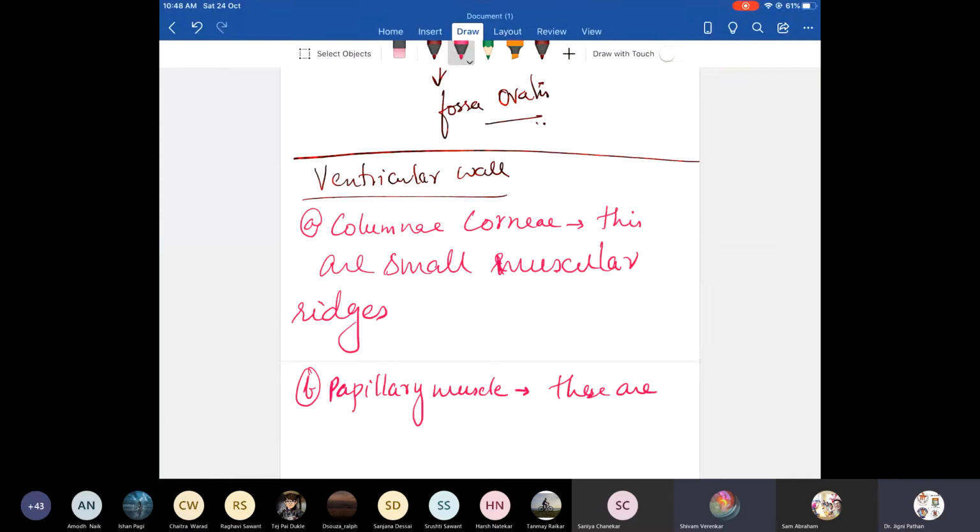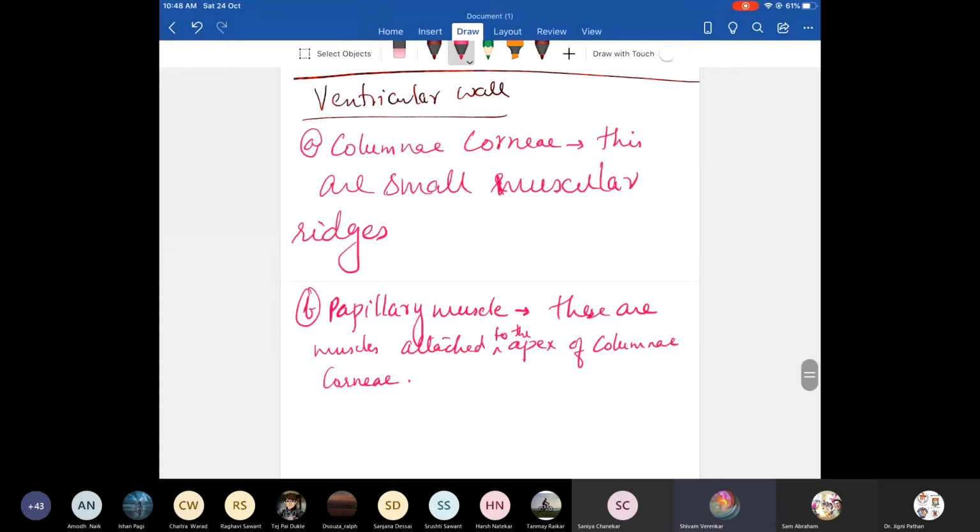Now write them. Papillary muscles. These are muscles attached to the apex of columnae carneae. Next, the third one is chordae tendineae.